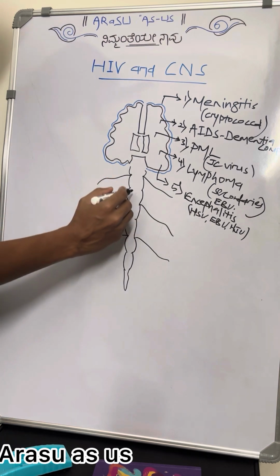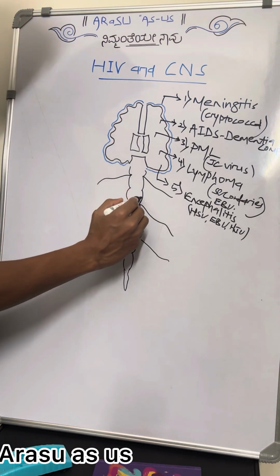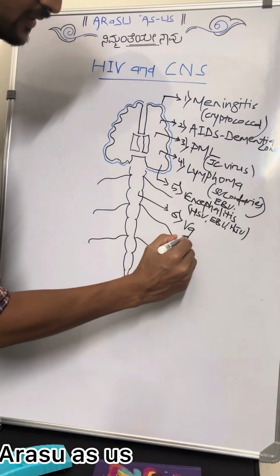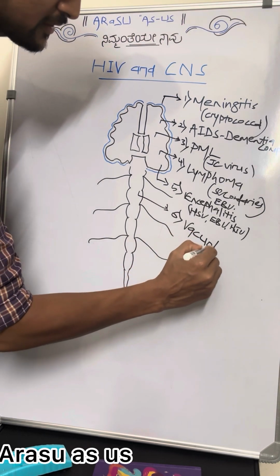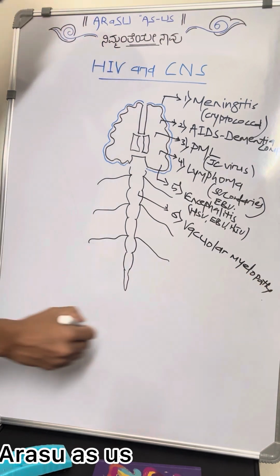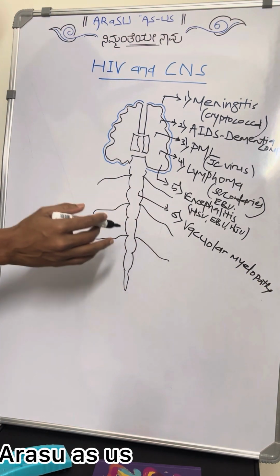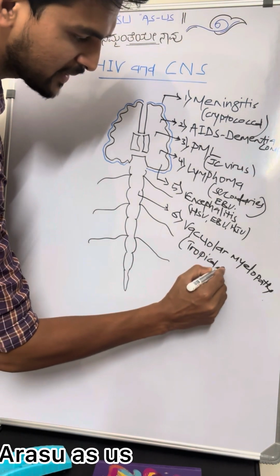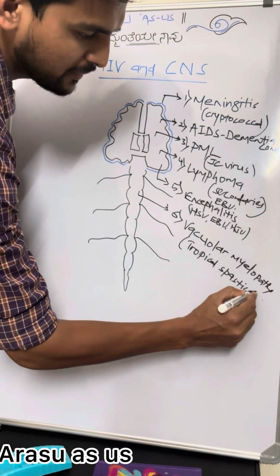Then coming to the spinal cord, the sixth one is related to the spinal cord, we call it vacuolar myelopathy. HIV is considered one of the reasons for tropical spastic paraparesis.